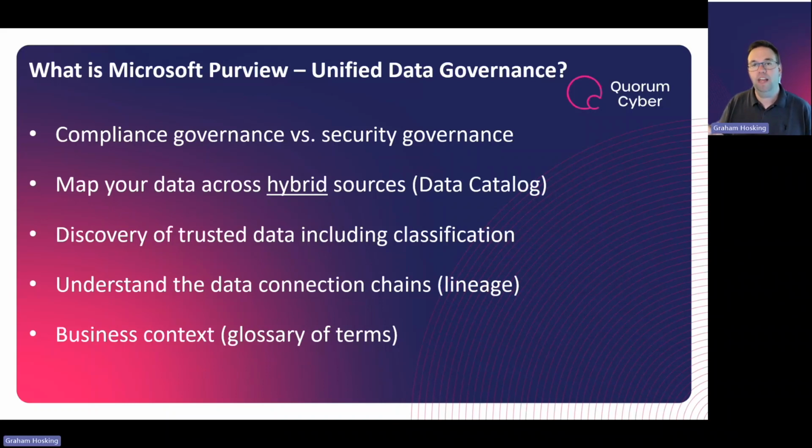Another thing we can do is reuse those assets around data classification, as we already mentioned, but also where that data is derived from. So if we've got a data lake that contains sensitive information, we can use these tools to see the connections of all those different repositories we have and where data flowed from one to the other.